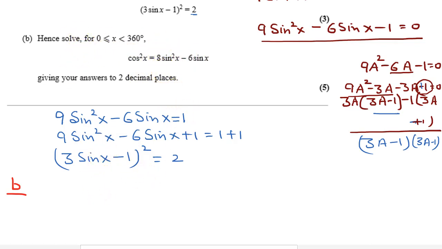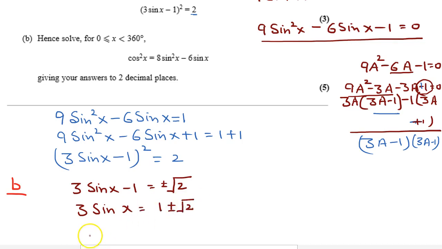Now we have solved up to here, so now we can say that 3 sin x minus 1 is equal to plus minus root 2. So 3 sin x is equal to 1 plus minus root 2. So sin x is equal to 1 plus minus root 2 over 3.